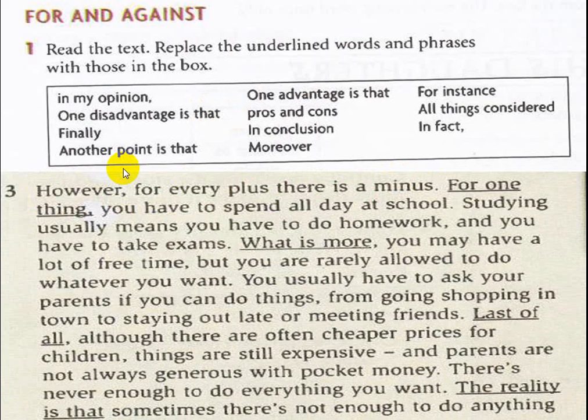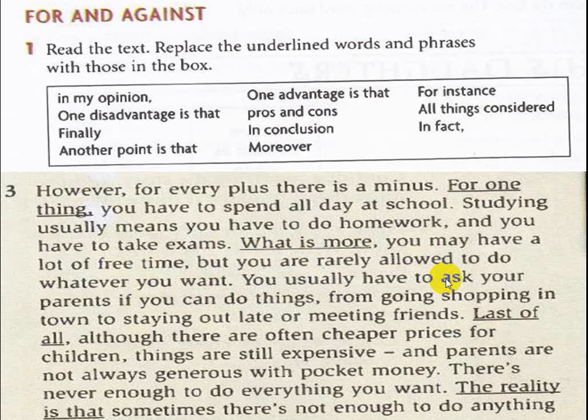Paragraph number 3. However, for every plus there is a minus. For one thing, you have to spend all day at school studying, which usually means you have to do homework and you have to take exams. What is more, you may have a lot of free time, but you are rarely allowed to do whatever you want.